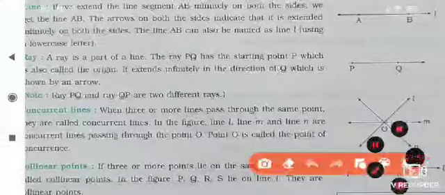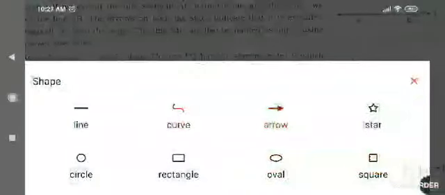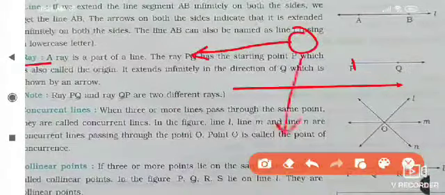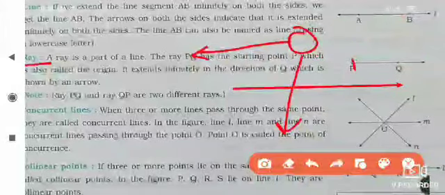After line, we move towards the next one, that is a ray. What is a ray? A ray has one end point, and on one side there is an arrow, which means it extends only on one side. Sun rays, I gave you this example at that time. This is our sun, suppose, and the rays are starting from the sun. It has a starting point, and from this the sun rays are moving.